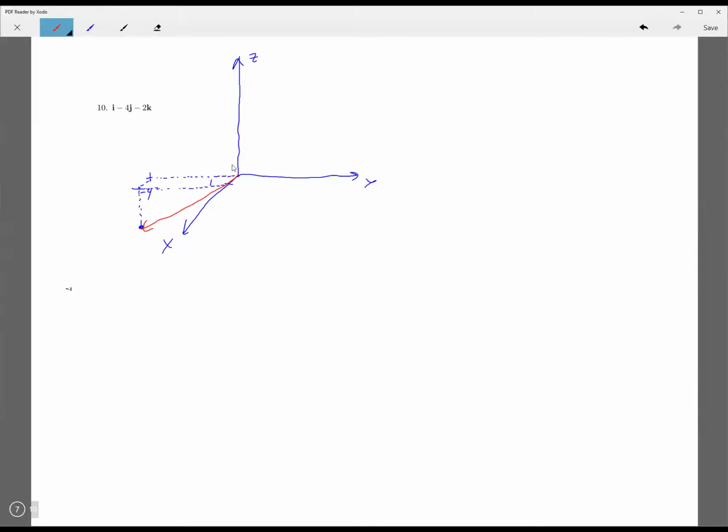Okay, so what we're supposed to find is what's the angle. So the first thing for part A, we're supposed to find cosine of alpha. Okay, so alpha is equal to the angle between the vector and the x-axis.